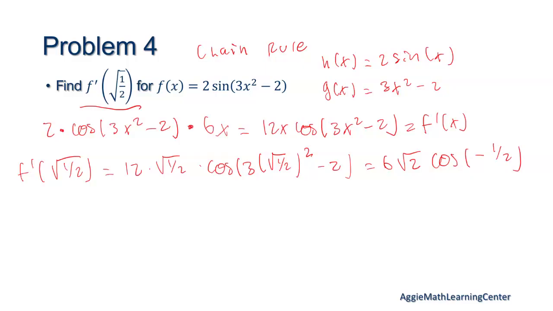Any other questions? So is this the answer we're gonna put? We're not gonna rationalize it further than that? I think if you kept it like this and you simplified the inside to right here, and then you put cosine as negative 1/2, I think that'd be fine on your test.